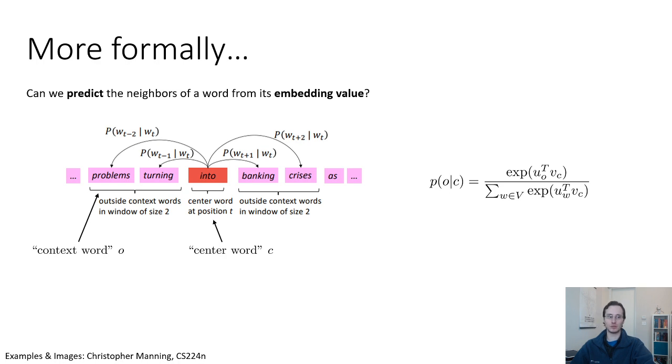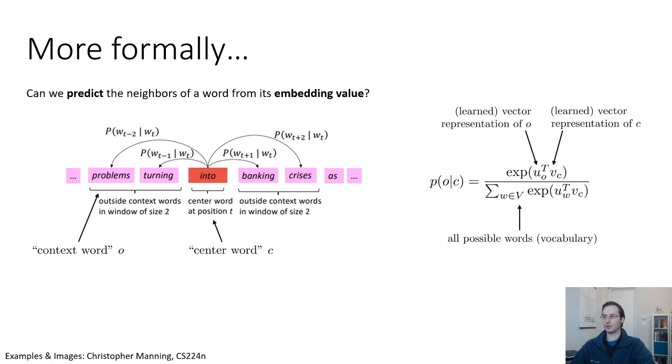So capital V here is the vocabulary. So we sum over all possible words that could occur, and their exponentiated dot product. So this is just the softmax distribution over all possible U vectors for a given VC vector for a given center word C. Okay. Now, this might seem like a slightly arbitrary choice, but you'll see in a second why this actually makes sense.